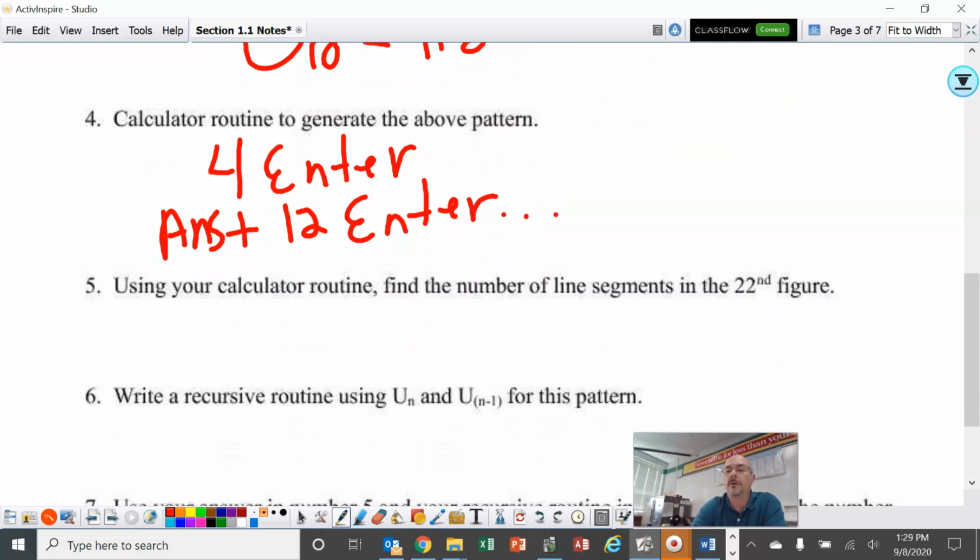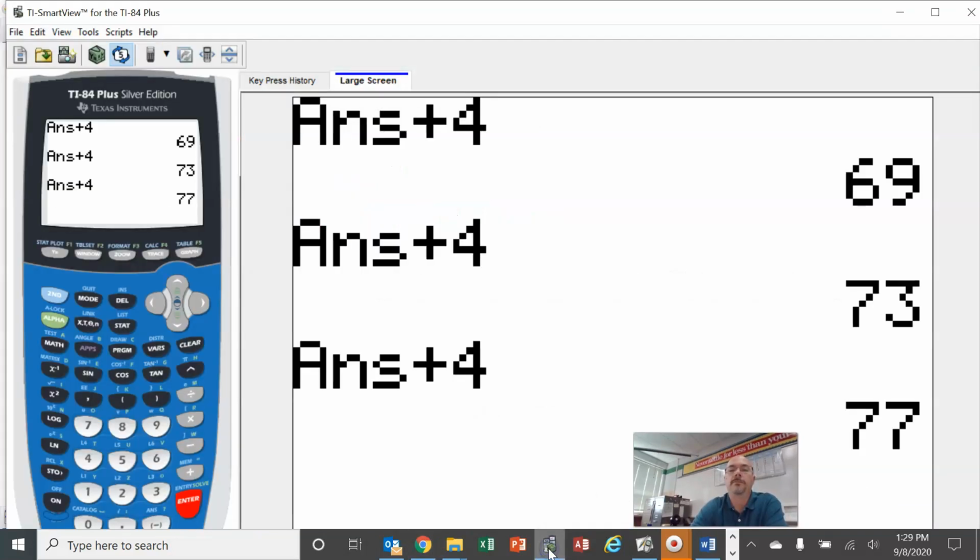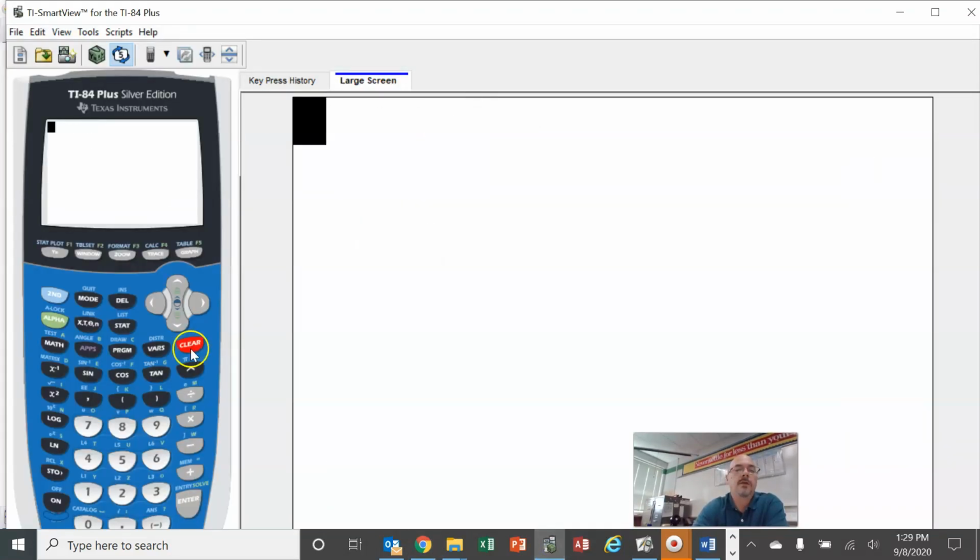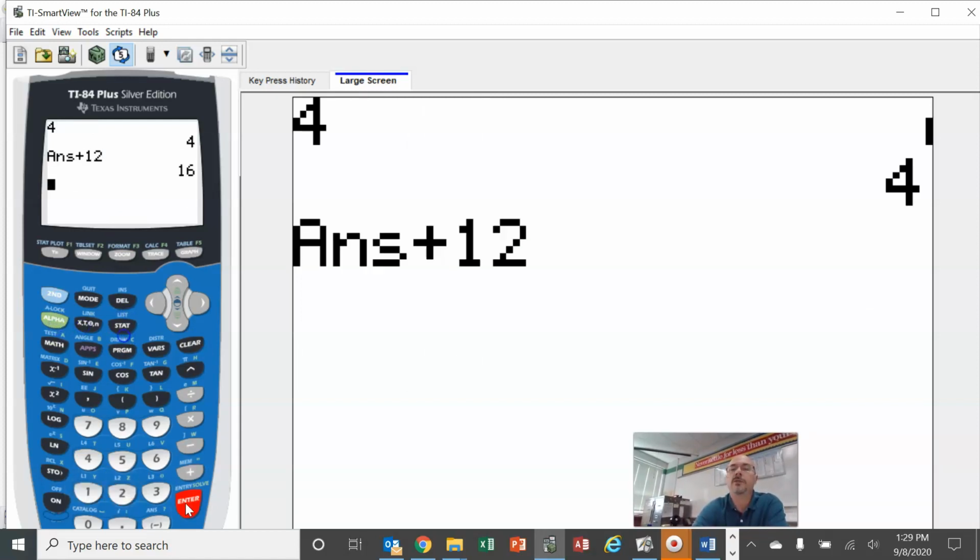So use the calculator routine, find the number of line segments in the 22nd figure. All right, here we go, 22nd figure. Calculator. 4, enter. Plus 12, enter.